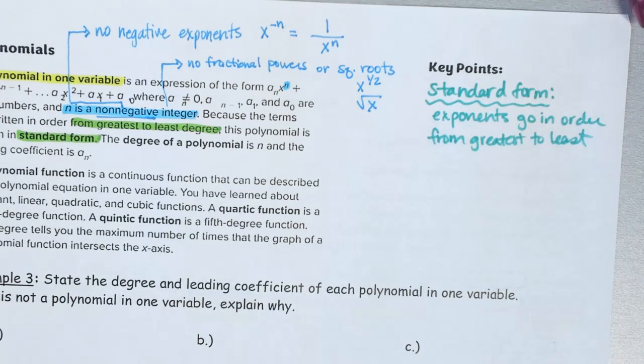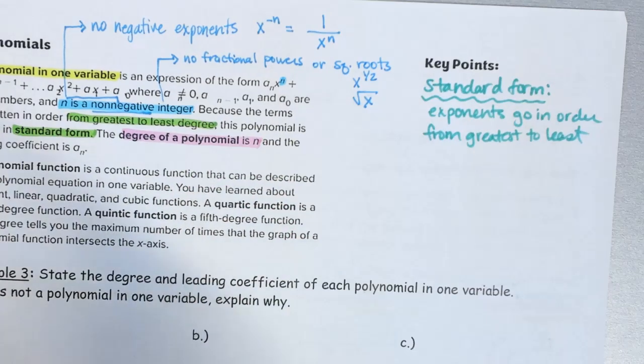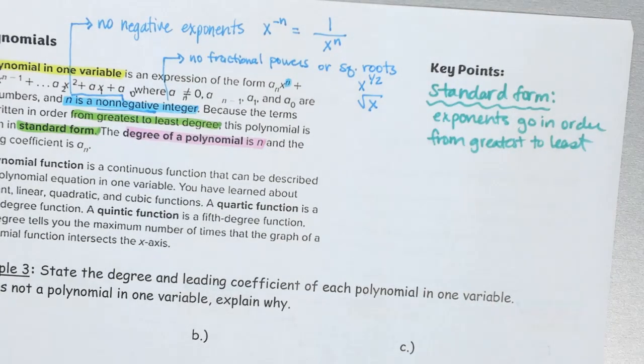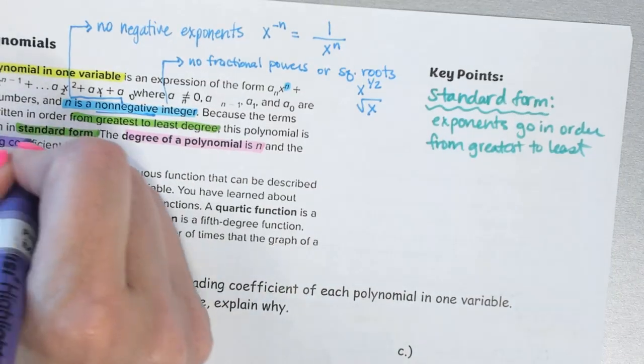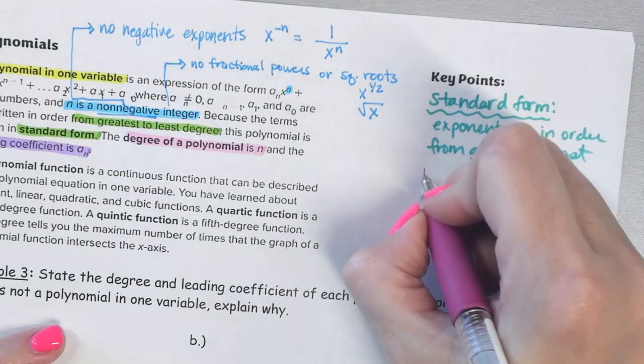Okay, so exponents go in order from greatest to least. And then the degree of the polynomial is n, and the leading coefficient of that would be a sub n. Okay, so your degree is the highest exponent.